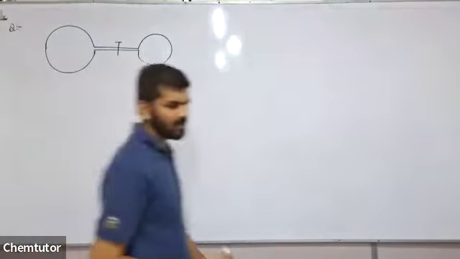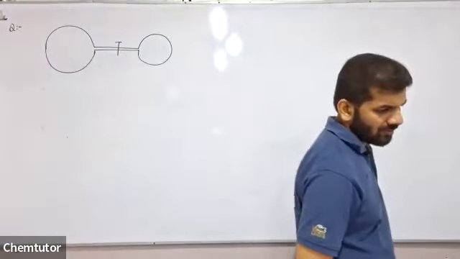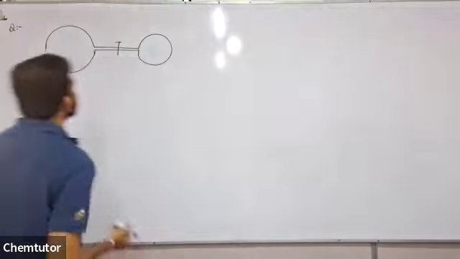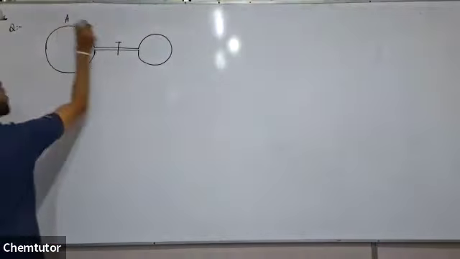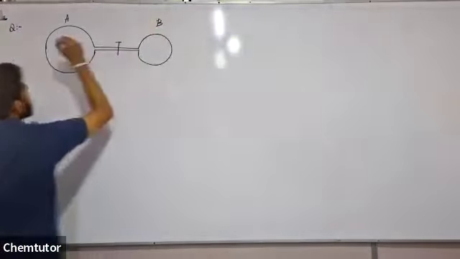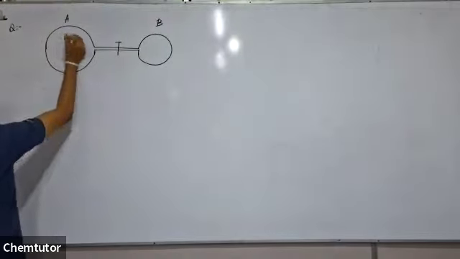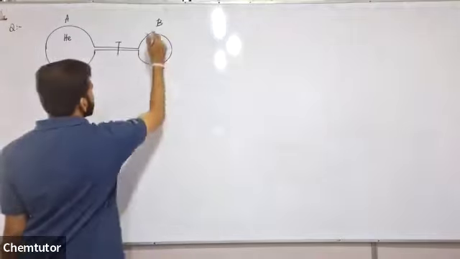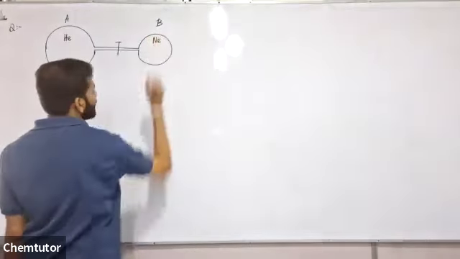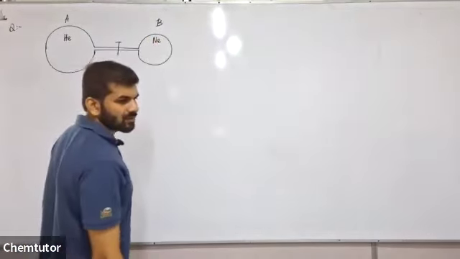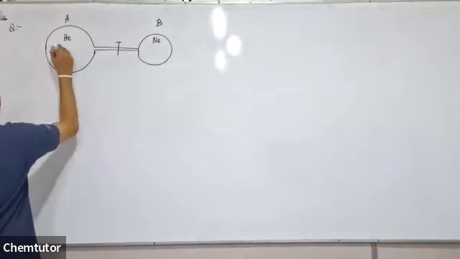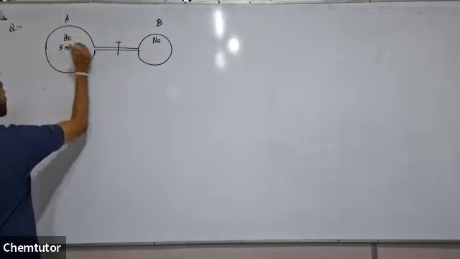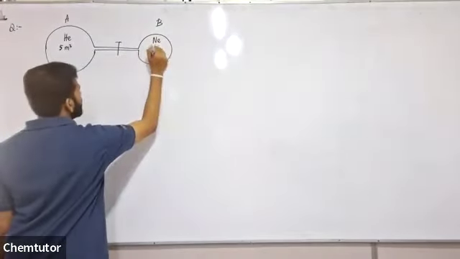In the first bulb, let's name these two bulbs A and B. A has helium and B has neon. Two gases are present. The volumes will be, this one is 5 cubic meters, and this is 2 cubic meters.